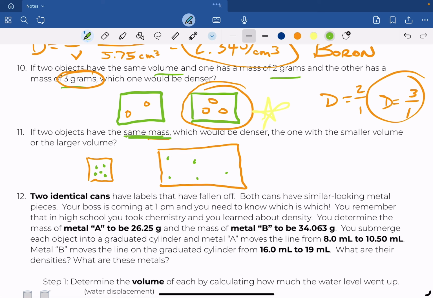Which box is denser? This one has 5 atoms packed into a small space, and this one has 5 atoms packed into a larger space. Density is just how much matter you can fit into a certain volume. We have more matter in this volume here, so our density would be greater with the smaller volume.